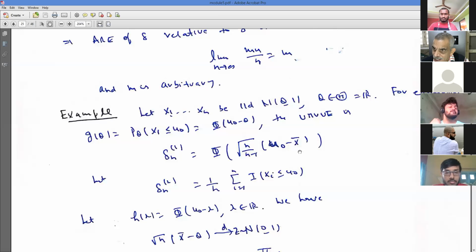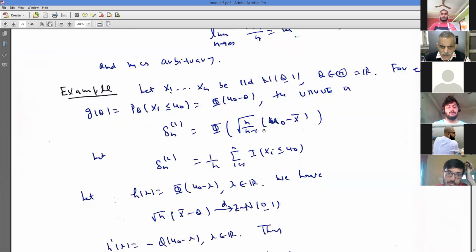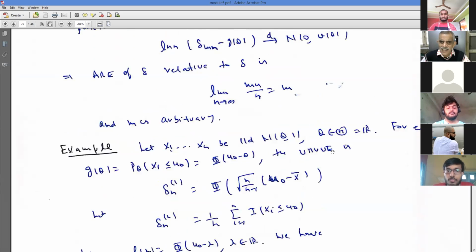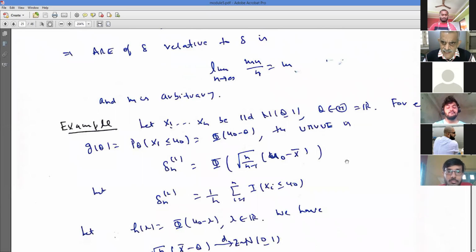Now u naught minus x bar is not a sample mean as it is, so I have to convert it. I write Ti as u naught minus xi. This example, the way it is written over here, is not exactly correct, so I am telling you how to modify it. You should not follow it as it is.